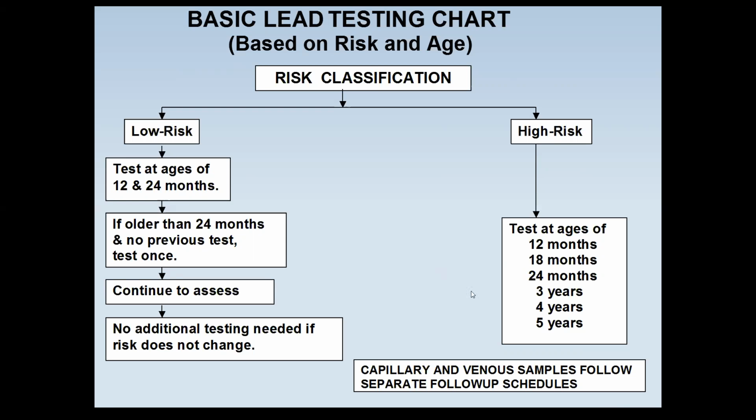I want to warn you that this low risk classification is not the same as the low risk exemption. I will explain in more detail what the low risk exemption is. Exemption is waiving the opportunity to have a blood test, and low risk is actually testing a child based on the criteria.